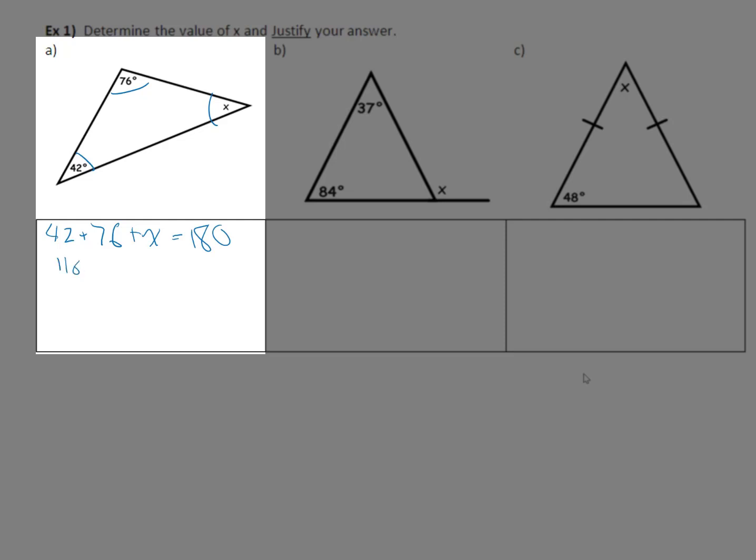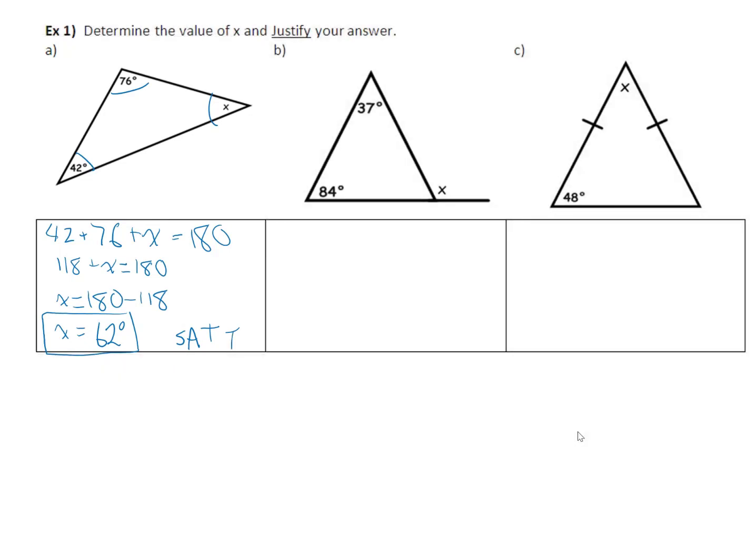So I'll have 118 plus x equals 180. I have to move the 118 over, so I'll get x equals 180 subtract 118, and I get x equals 62 degrees. And this is the sum of angles in a triangle theorem, or SATT.